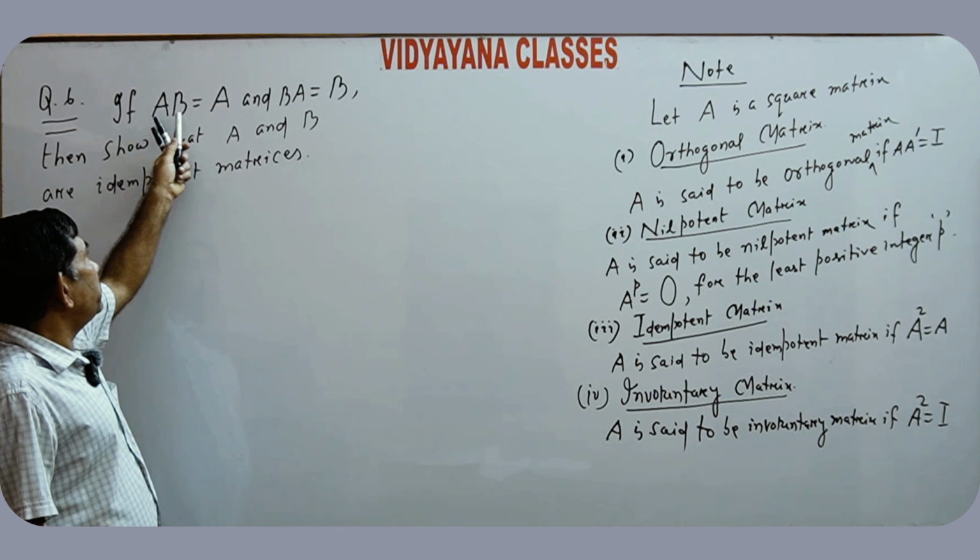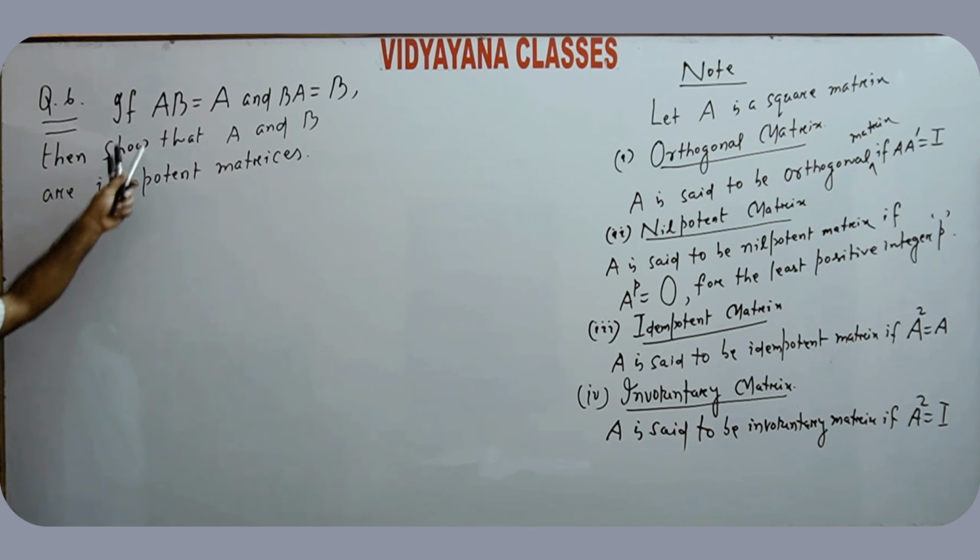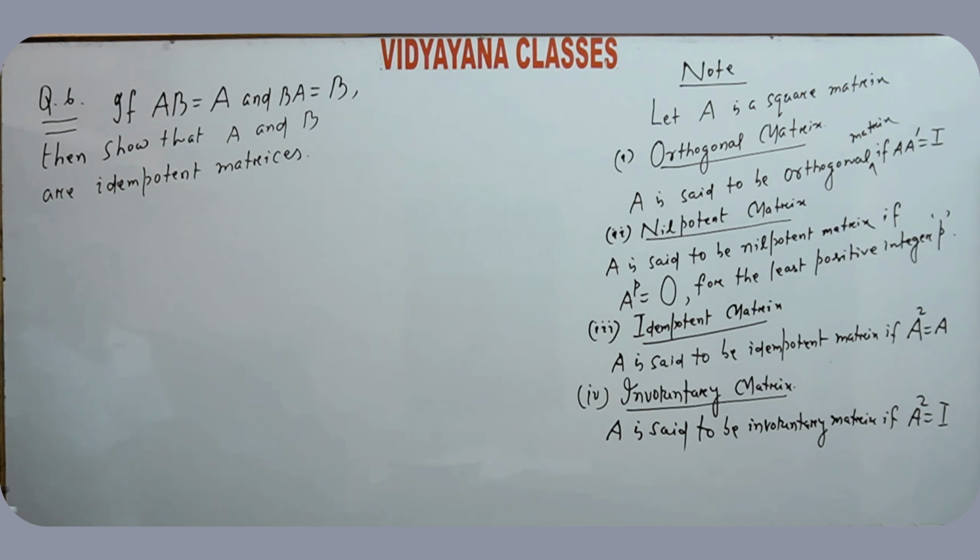It is given that AB is equal to A and BA is equal to B. A and B are two square matrices.